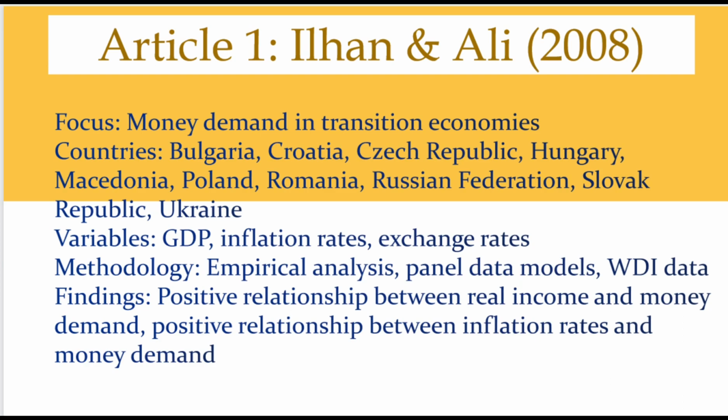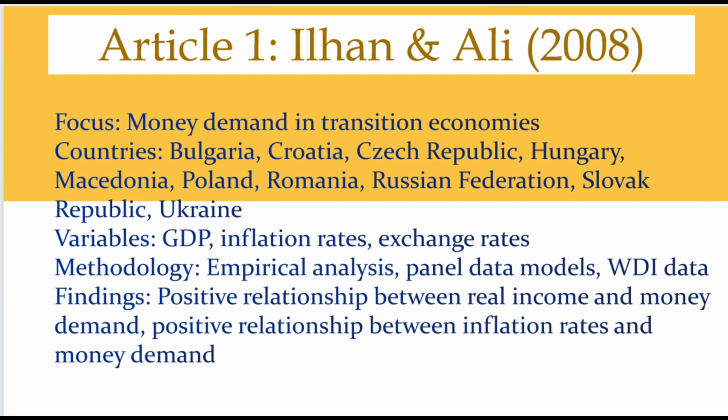The study utilized a range of economic indicators as explanatory variables, including real GDP, inflation rates, and interest rates. The methodology involved empirical analysis of macroeconomic variables and time series models to examine the impacts on money demand in transition economies.